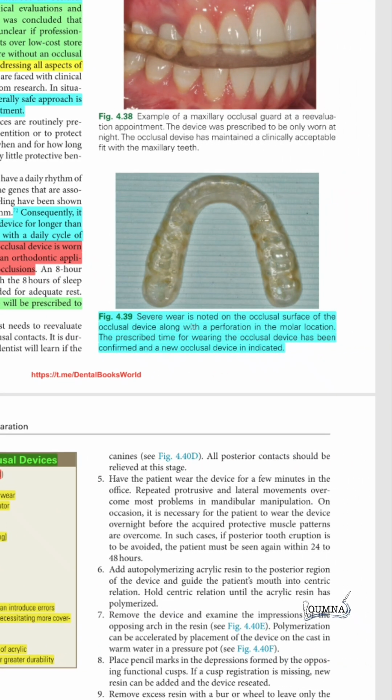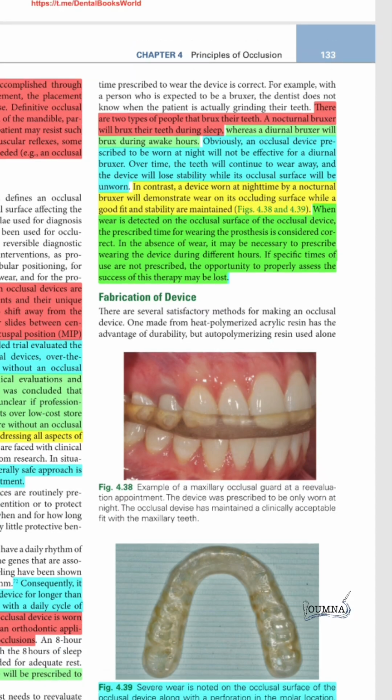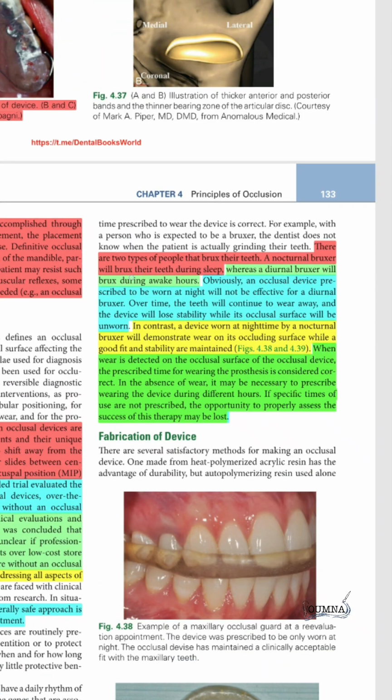When we see a severe wear on the occlusal surfaces of the device and also some perforation of the molar location, it is an indication that the patient is wearing them at the right time for the right duration, and a new occlusal device is indicated. If the patient has their parafunction during the daytime, the device is indicated to be worn during the awake hours.